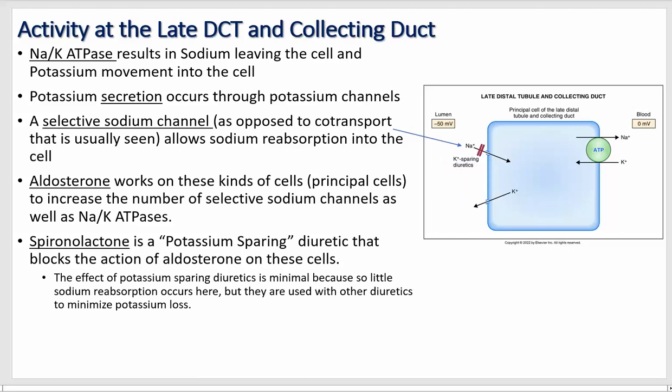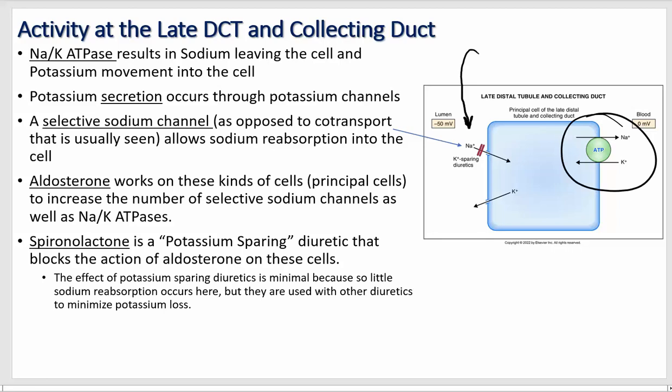Again, we're still in the distal tubule, and we're talking about this because we have another site of diuretic activity. The sodium-potassium ATPase results in sodium leaving the cell. There's our mechanism. And then we have a lone sodium channel that allows sodium to move back in.